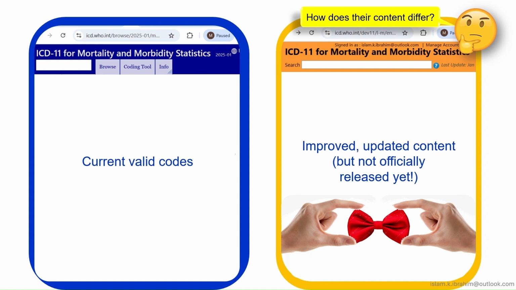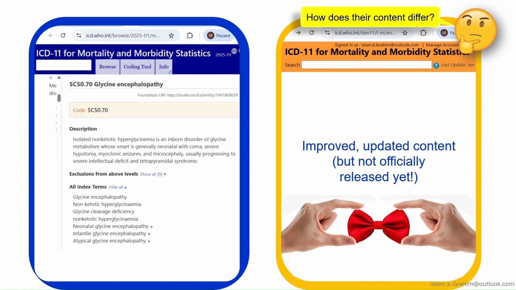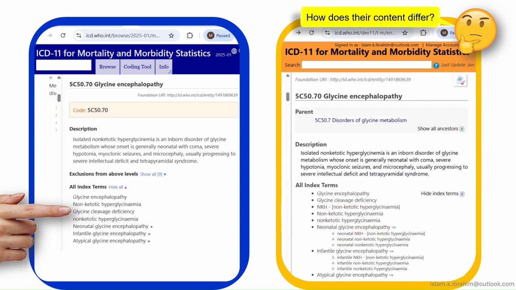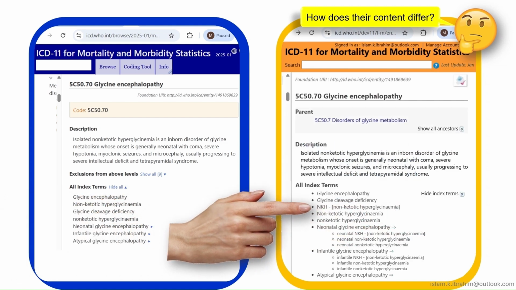Let's see an example. In the Blue browser, which is the current official release, 2025, these are the terms indexed to glycine encephalopathy. But on the Orange browser today, there are more index terms under the same category. So if, for example, we search for NKH, the abbreviation, on the Blue browser, we won't find it, but we will find it next year in the 2026 release because it has been updated on the Orange browser.